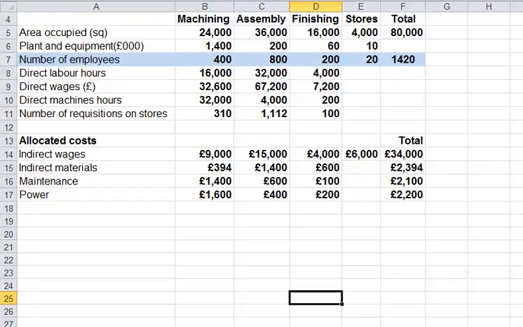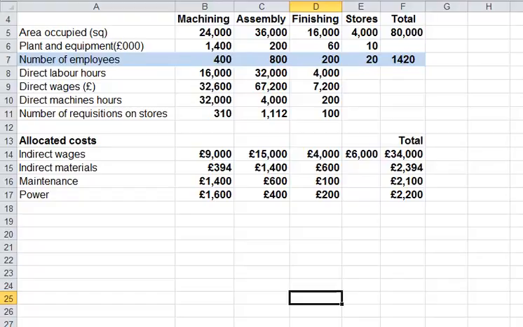So the total area occupied is 80,000. In fact, there may be offices and other departments, but just to keep it simple, this is our example. We have 4 departments with a combined area of 80,000.